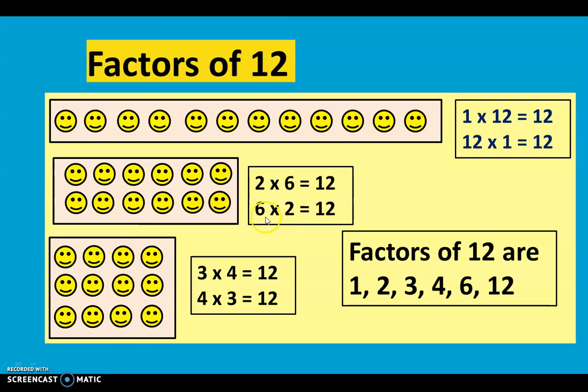Then 6 lines with 2. That also will come. Then 12 lines with just 1 in each. That also can be done. So all 6 types we can keep. I have done only 3 for you. In that way it can be written, and it can be given as a picture. So the factors of 12 can be written in this way.